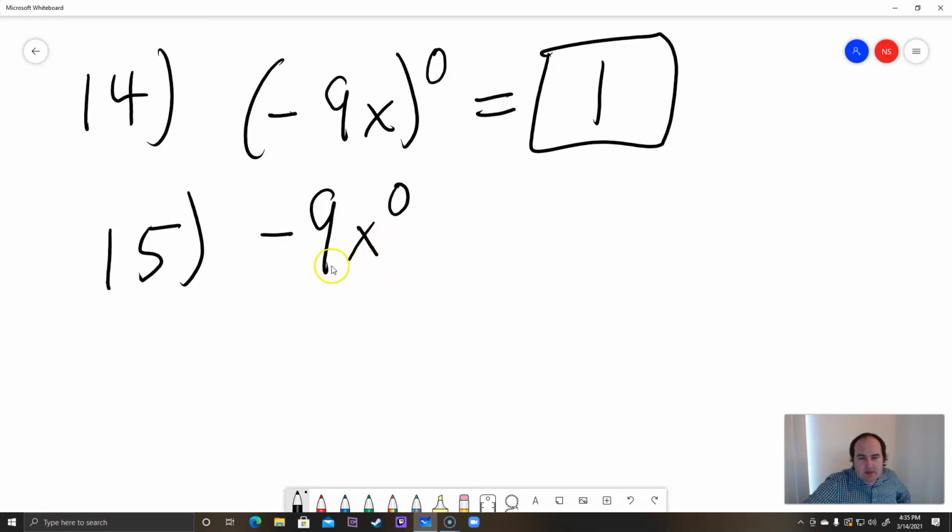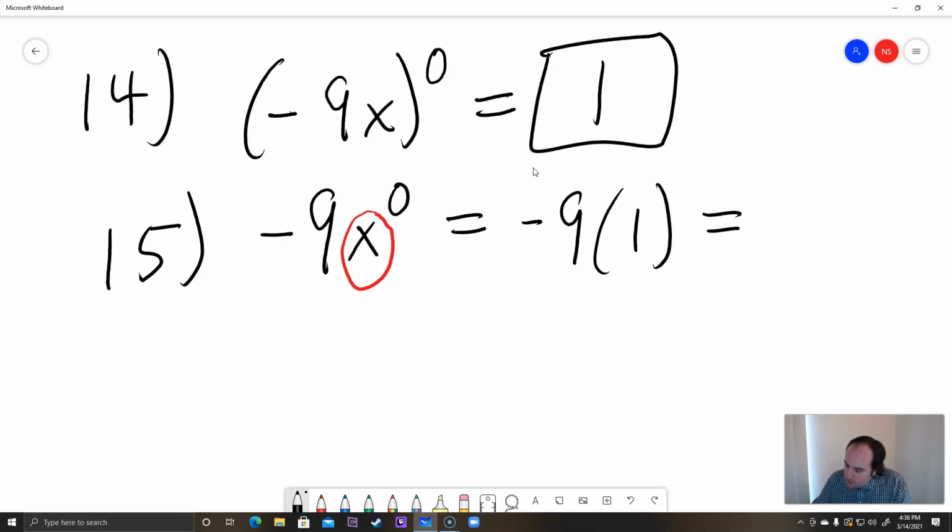Now what's going to happen here is because there's no parentheses around the negative 9, the 0 only refers to the x. So the 0 is only going to turn the x into a 1, but it's not going to affect the negative 9 because there's no parentheses. So the negative 9 is still going to be there. So this is actually going to give us negative 9 times 1, which is negative 9.